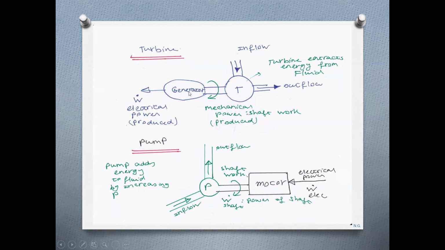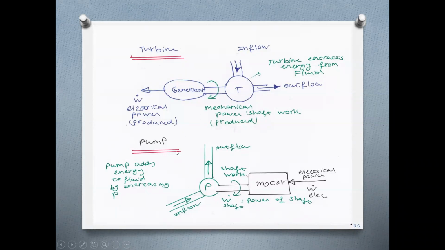The generator uses that as an input and produces electricity or electrical power, which is the output of the generator. Sometimes we pack these two together and look at them as a package, so the output would be electrical power. If you look at the working fluid, at the outlet of the turbine the mechanical energy of the fluid is less than at the inlet.